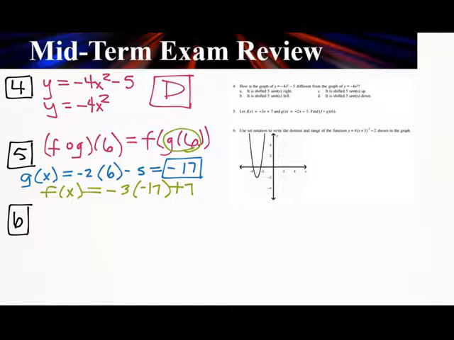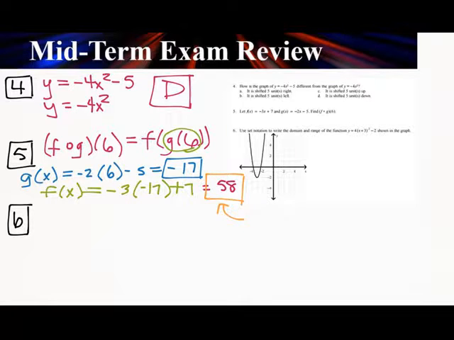All right. So the answer is 58. Now, that is your final answer, okay? So this is the one that you want to answer when you're on the test. All right, let's do number 6.